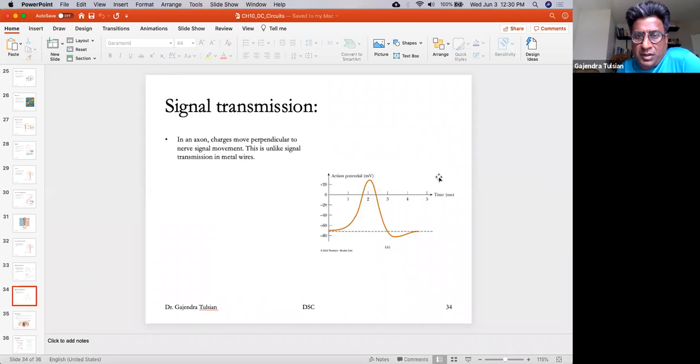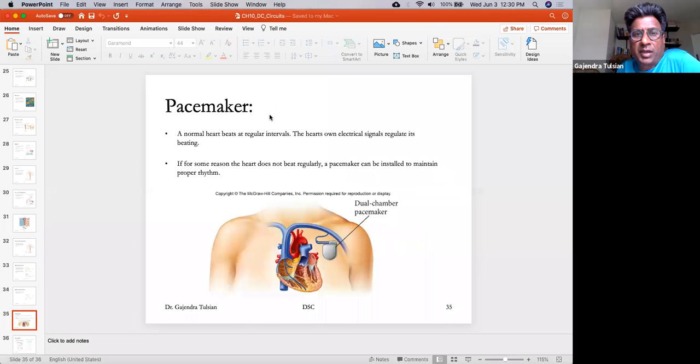So that was how nerve signals travel. And here's a little application, a pacemaker. Sometimes to make your heart beat properly, you have to send electrical signals at the right place. When you send a little voltage here, this chamber will contract. Your normal heart has the mechanism to do that automatically.